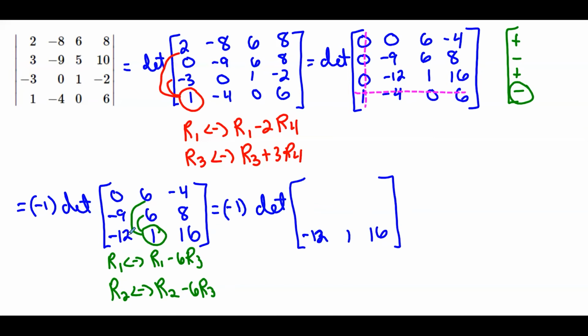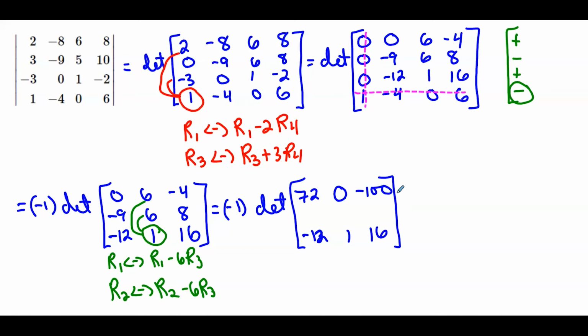So for row 1, I'm going to subtract 6 row 3. So 0 plus 6 times 12, that's 72. 6 minus 6 is 0. Negative 4 minus 6 times 16, that's going to be negative 100. So 6 times 16 is 96.